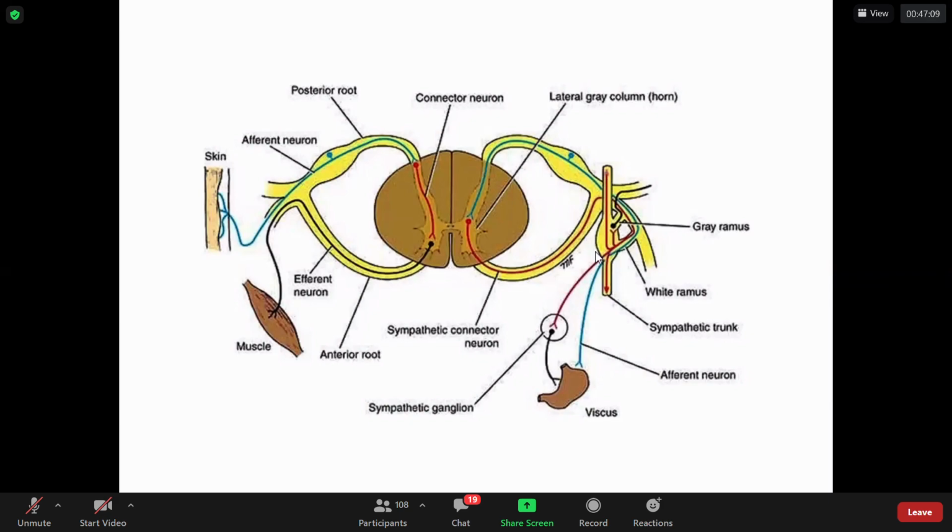So these ascending and descending fibers and the ganglia together form the sympathetic trunk, and they are present on both sides, not only on the left side, but also on the right side. Understand? The pair of chains.